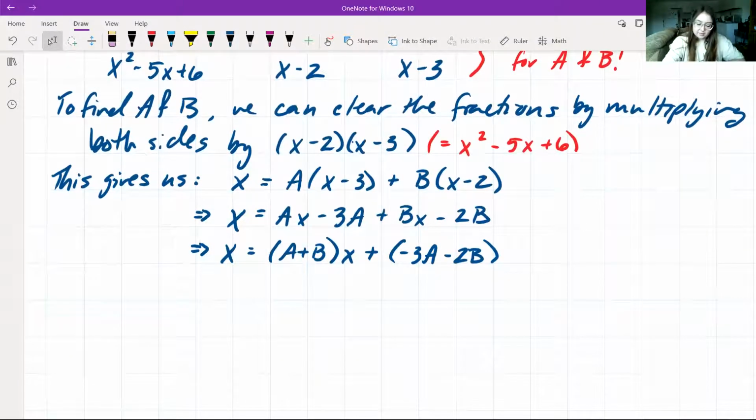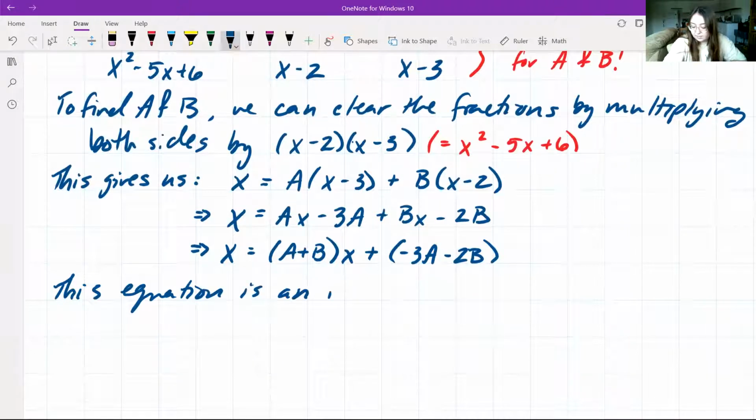So what we have now is that this equation is an identity in x.